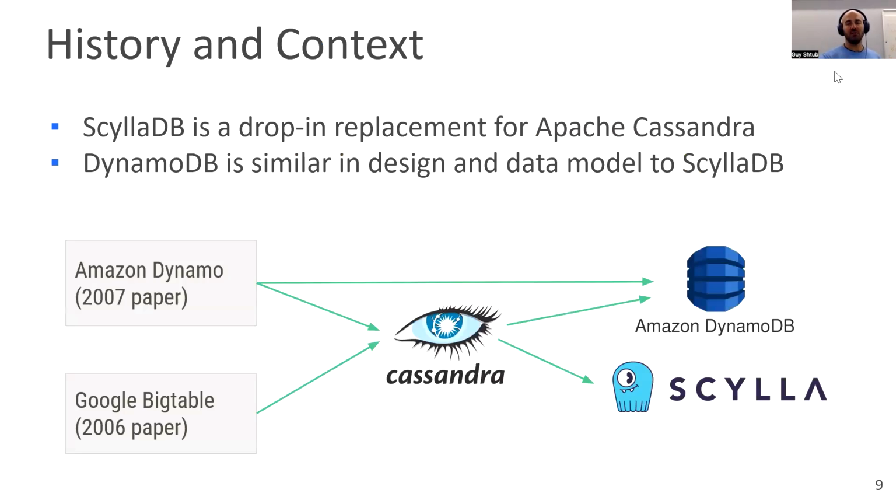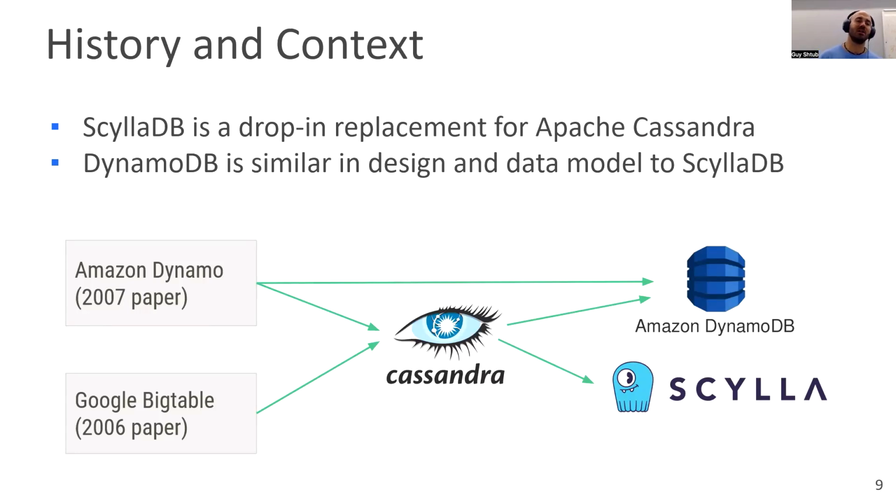Okay, so I mentioned that Scylla is closely related to Cassandra and DynamoDB, and this is captured here. To give some context, there was a paper published back in 2007, a very well-known, popular one, the Amazon Dynamo paper, and then another one, the Google BigTable paper. Based on those two papers, Apache Cassandra, one of probably the 10 most popular databases, was developed.